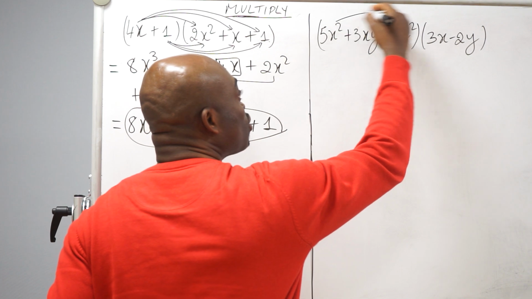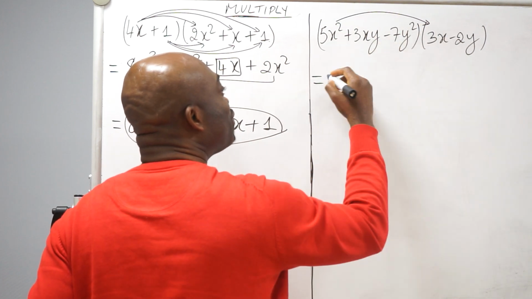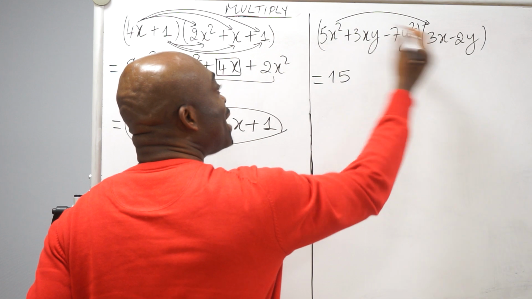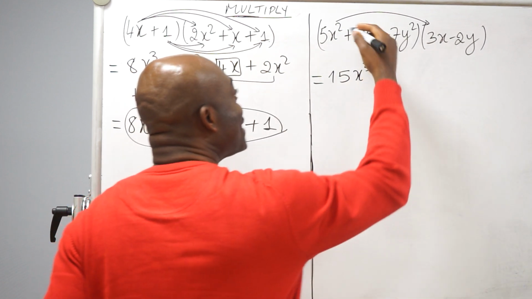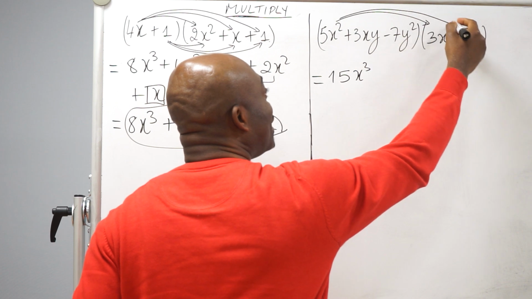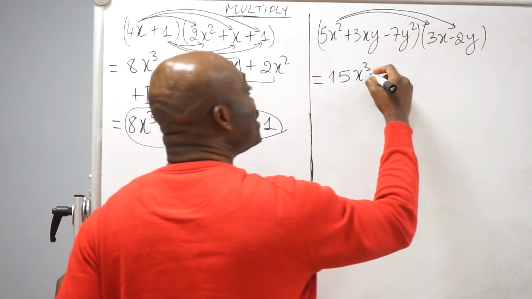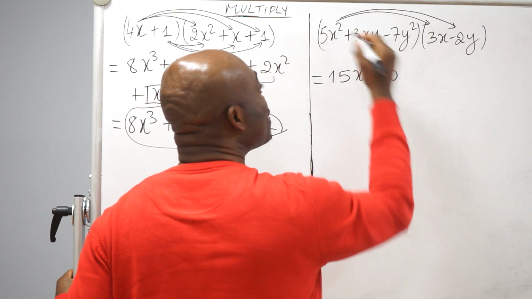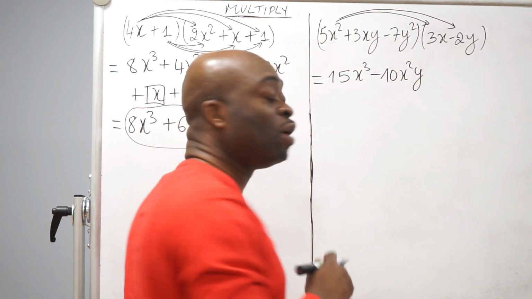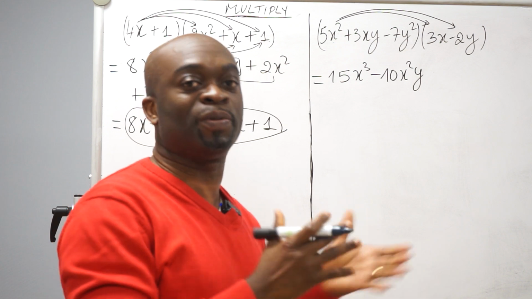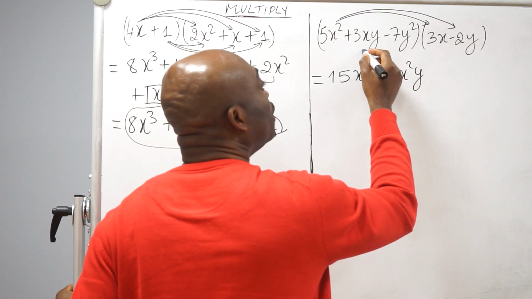So we have 5x squared that we multiply by 3x. So what's happening is 5 times 3 is 15, and then x squared times x is x to the third power. All right? And then the same 5x squared has to multiply then negative 2y. So that gives 5 times negative 2 is negative 10. And x squared times y is just x squared y. Because both of them are different variables. You just put them together like that, that's it. Now, let's continue.